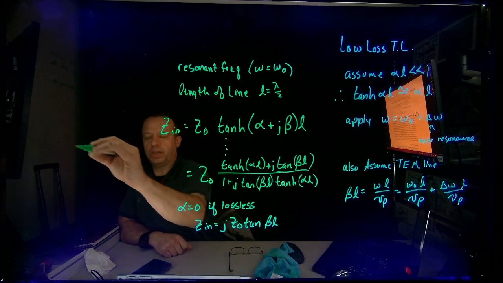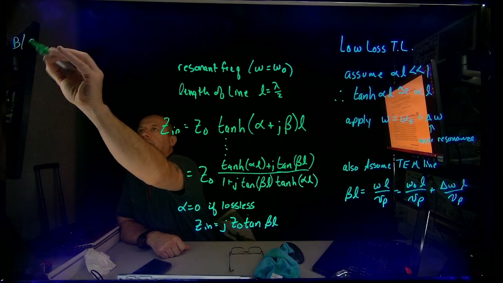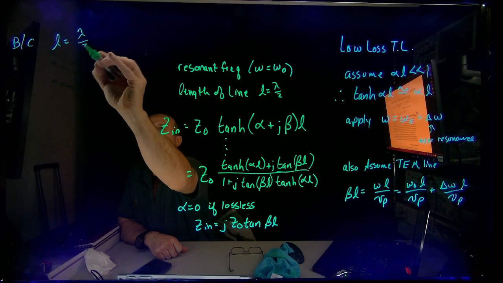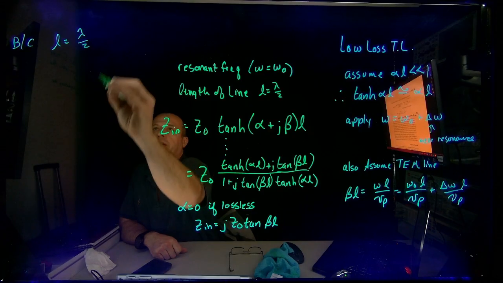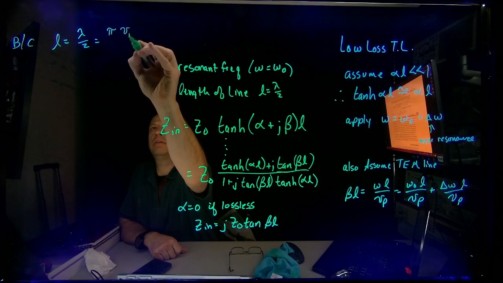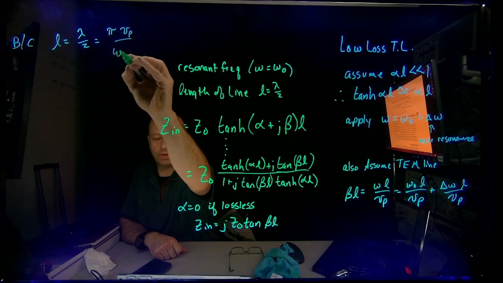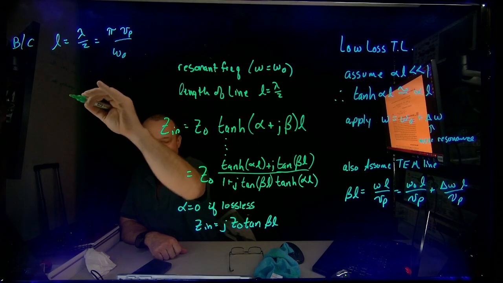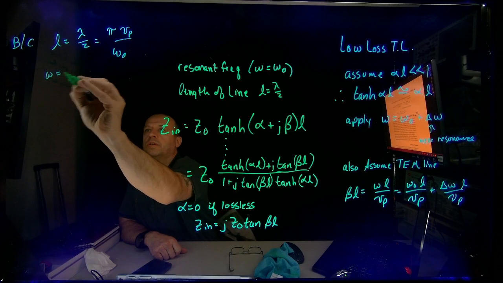Now, because we're dealing with L equals half wavelength, we need to state this as pi phase velocity over omega naught. Okay, so this is true for omega equals omega naught.